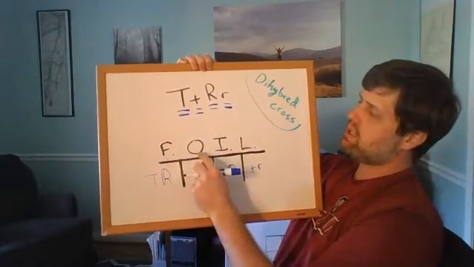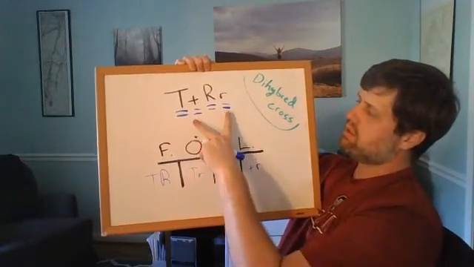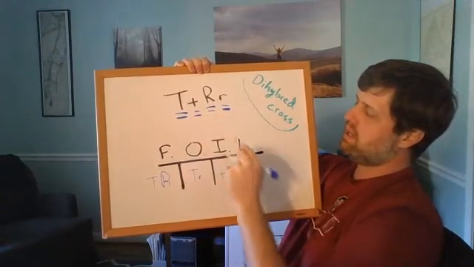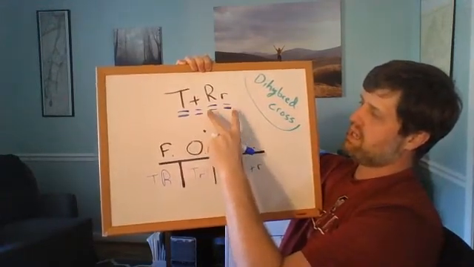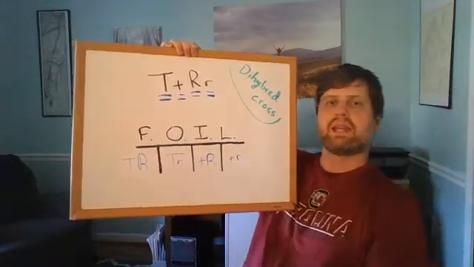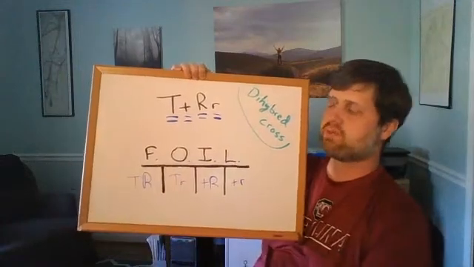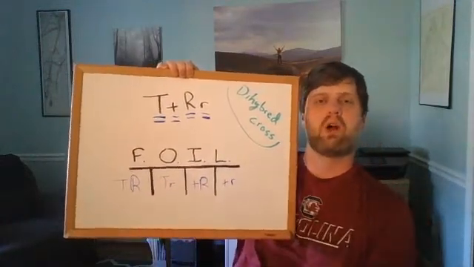So first, outer. That would be these 2, the inner, the middle ones, and the last 2, the last T and the last R. This will apply the same for all the other different letters, because I could have other letters up here, but just following FOIL, it'll apply for all of them.